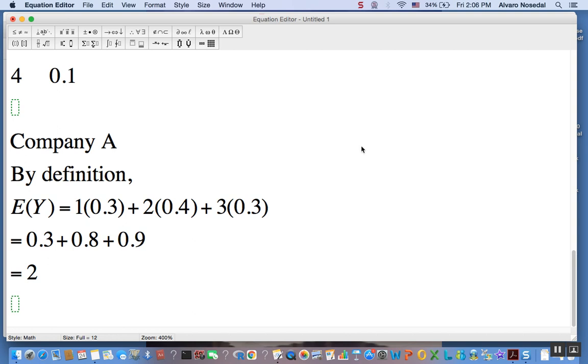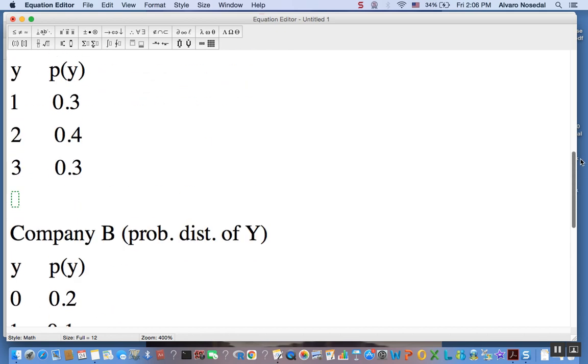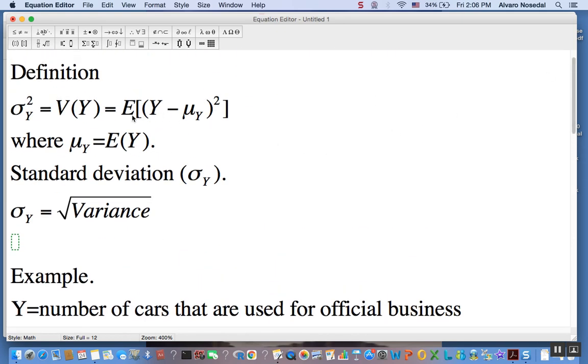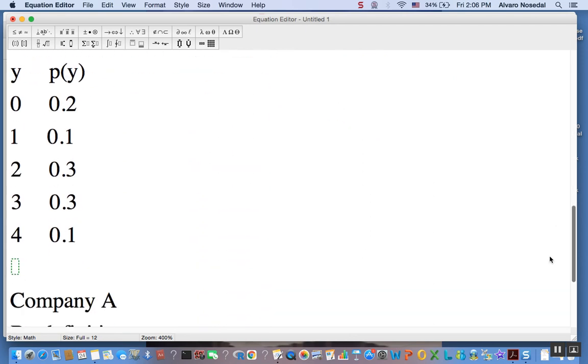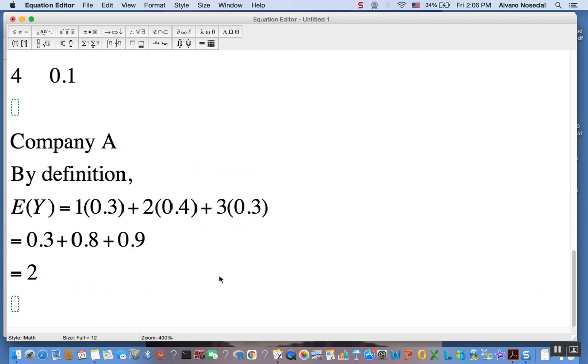Now, to find the variance, remember that the variance is the expected value of a transformation of a function of the random variable y. Okay? But from another video, we have already said that the expected value of a function, a generic transformation, a function of the random variable y, g of y, would be this. So let me just say that.